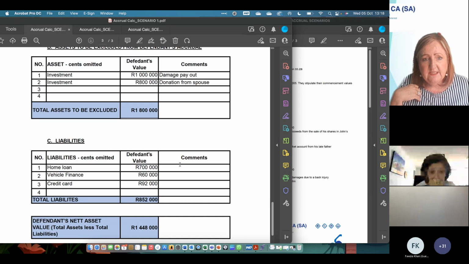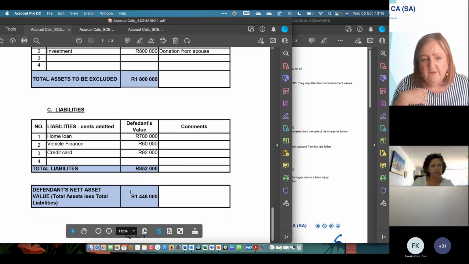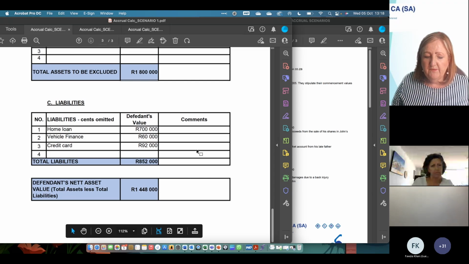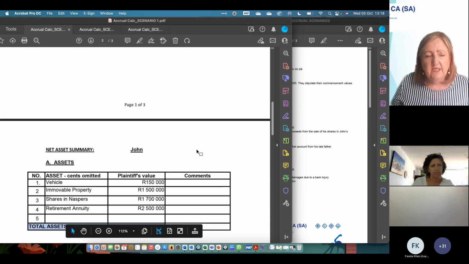Then her liabilities is her home loan, her vehicle finance, and credit card, which give her then a total of 1.4. Mervyn, I think if we can just go back to the summary again.